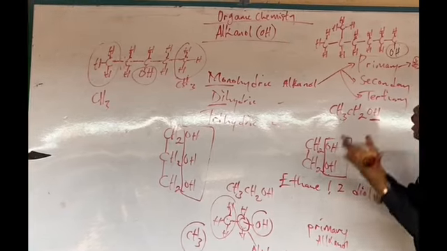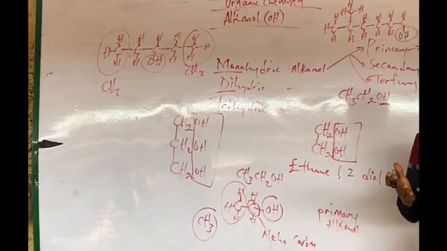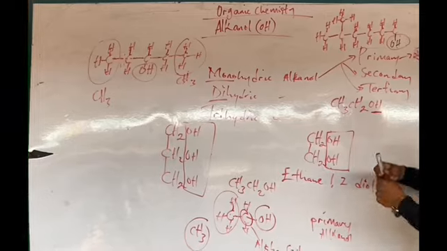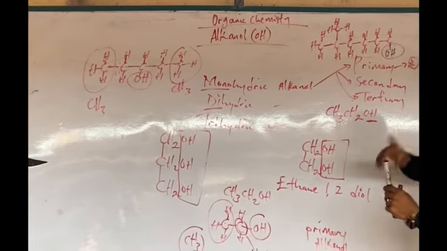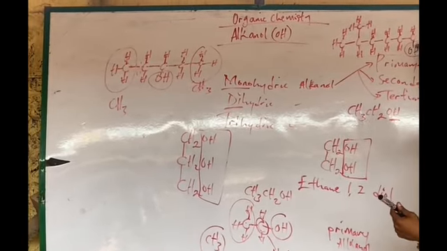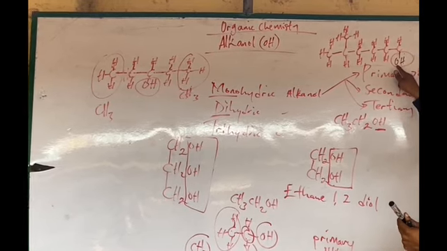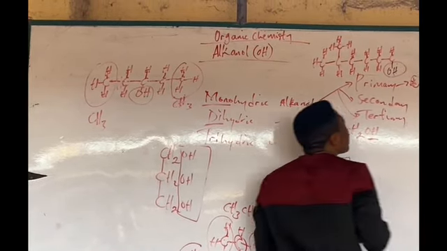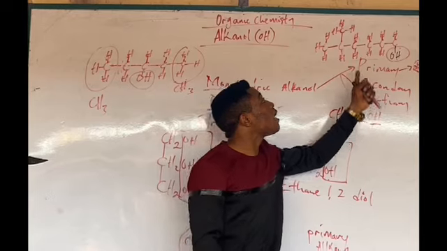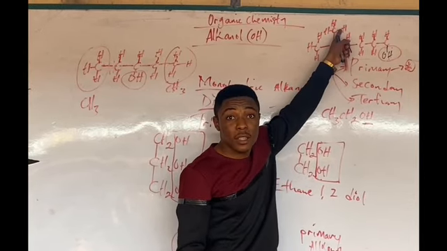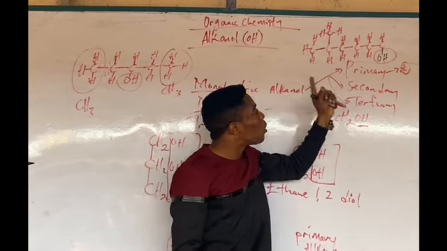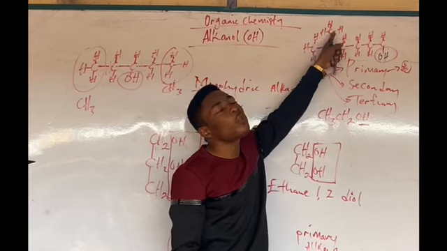Now, can you identify the alpha carbon? Yes. And where is the alpha carbon? This is the alpha carbon, because it is the carbon that has direct link with the functional group. Now, in this instance, class, there are two methyl group present. But this is not a secondary alkanol.